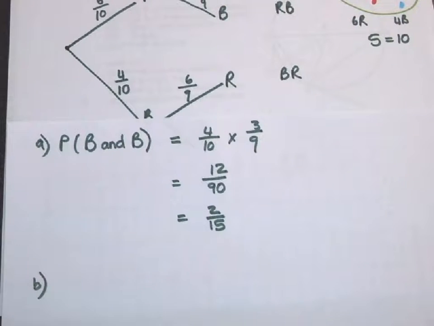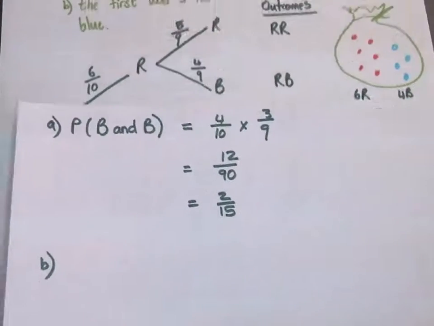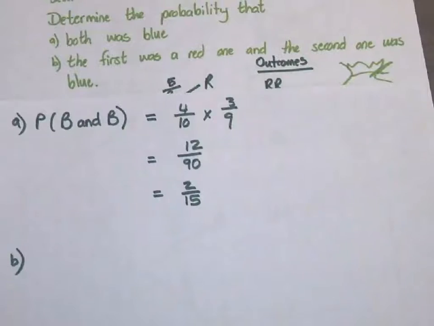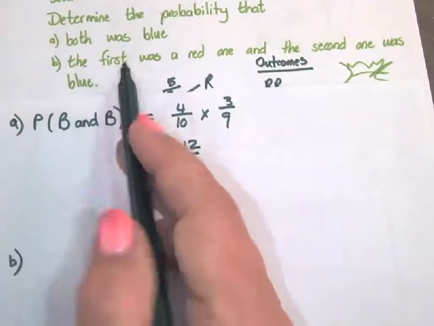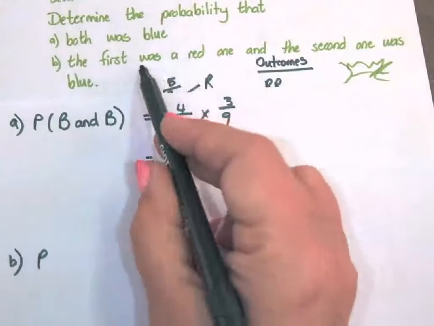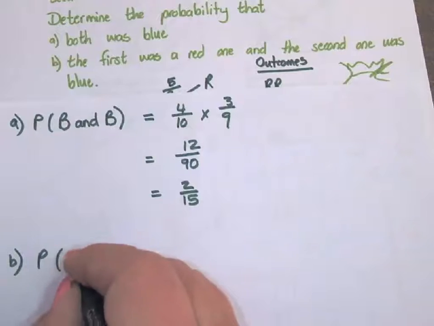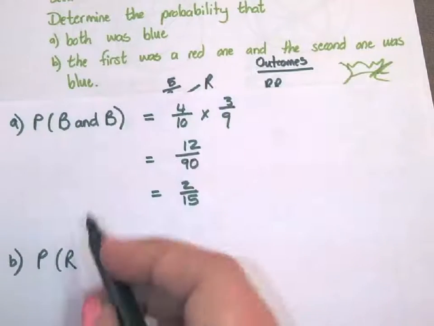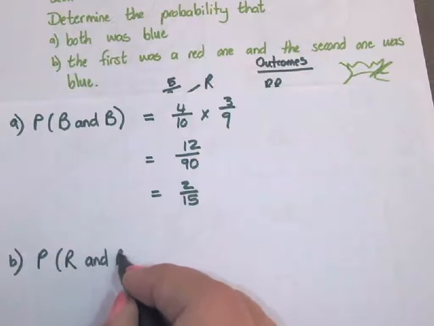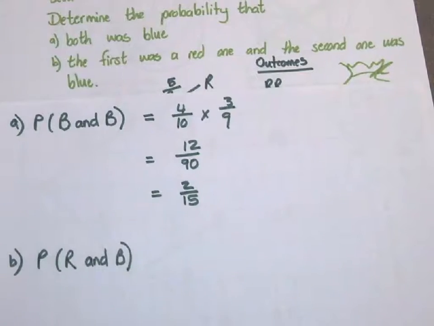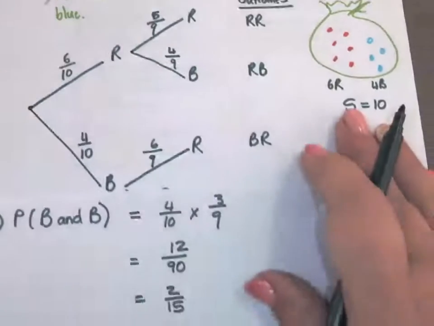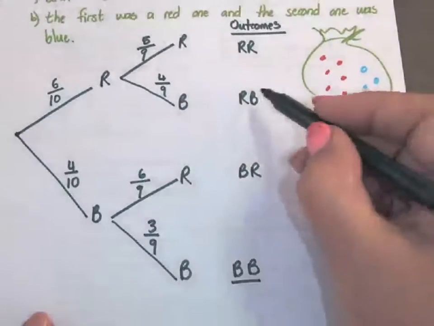Number B. What is the probability that the first was a red one and the second was a blue one? So we look for RB. There is only one RB.